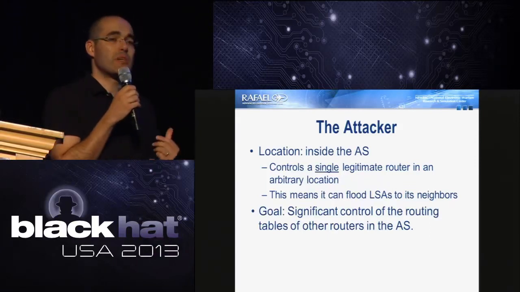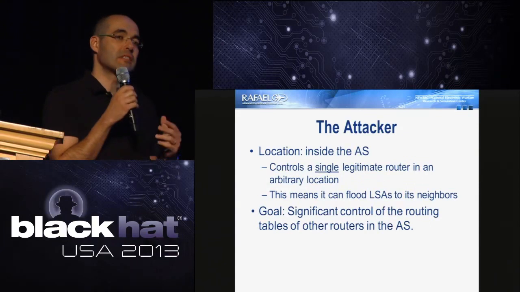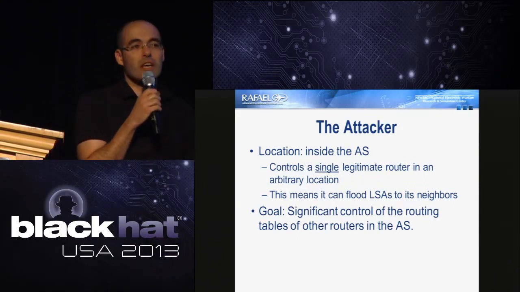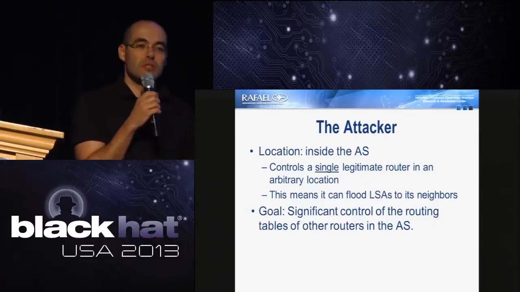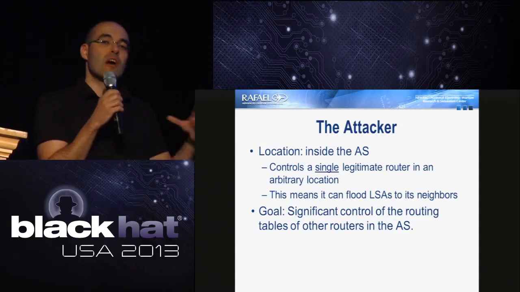We needed to assume this because we wanted to search for OSPF attacks. In order to search for OSPF attacks, the attacker needs to send OSPF messages to at least one other router within the autonomous system. There are cases where the attacker can do it from the outside.